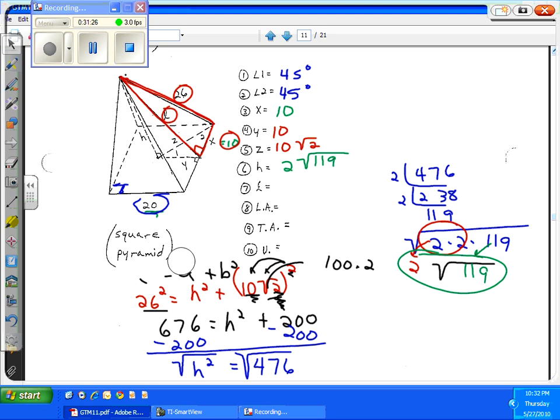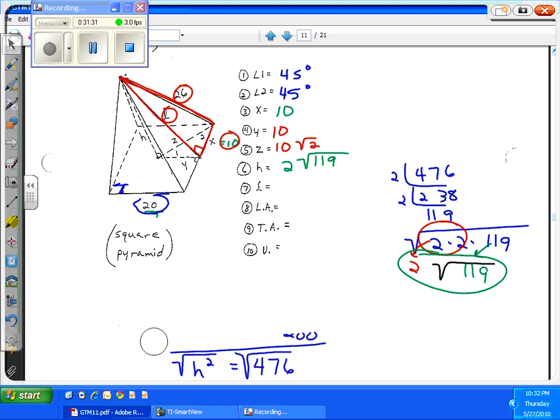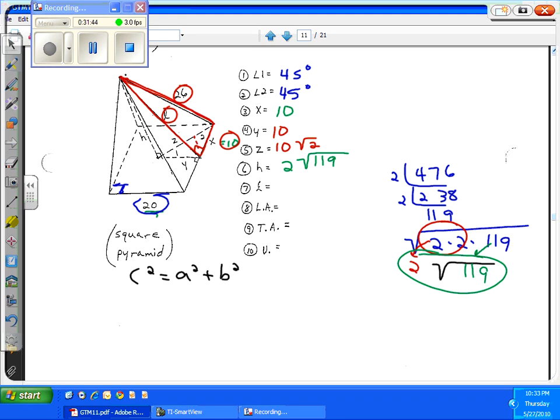And so I'm going to do a Pythagorean theorem. Let me do a little house cleaning here. So I'm going to use c squared equals a squared plus b squared. The hypotenuse was the 26, so 26 squared equals a, which is 10 squared, plus the lateral height squared, or the slant height. Lateral height, slant height, same thing.